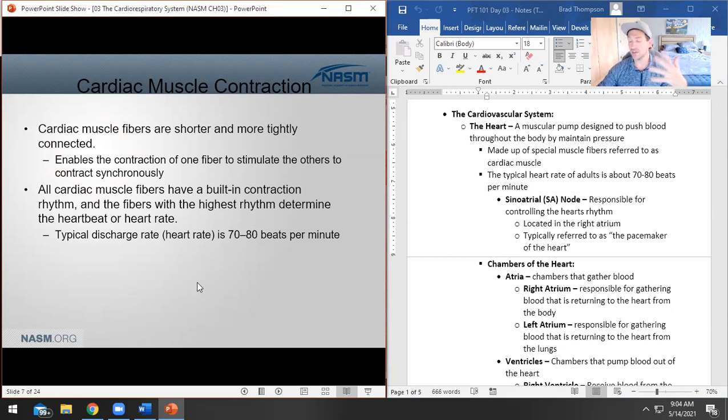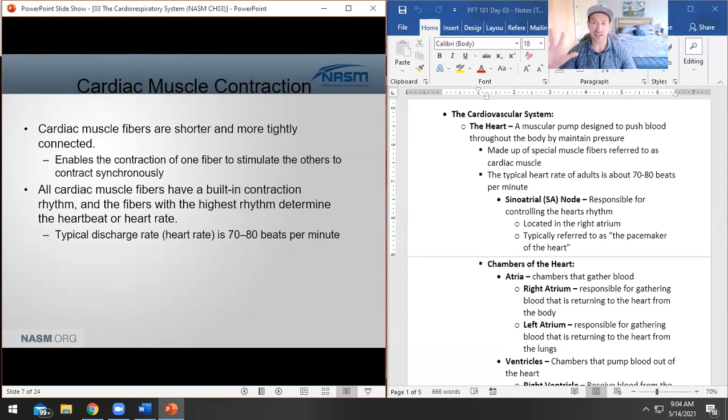And that heart rate discharge is typically about 70 to 80 beats per minute on average. So your resting heart rate is right around 70 to 80 beats in the average person. If that sounds a little bit low to most of you here, that makes sense. You've got to remember, a strong heart means a lower resting heart rate, because it's able to get more work done with fewer heartbeats.